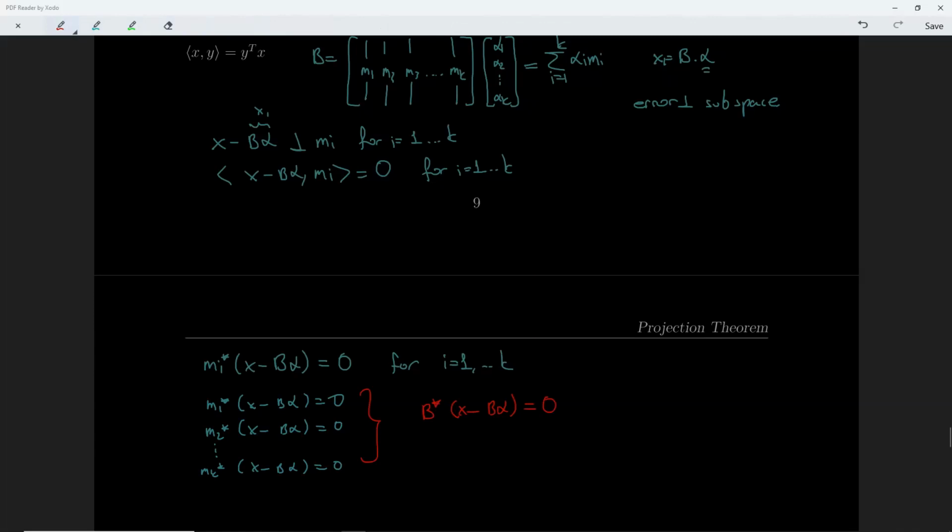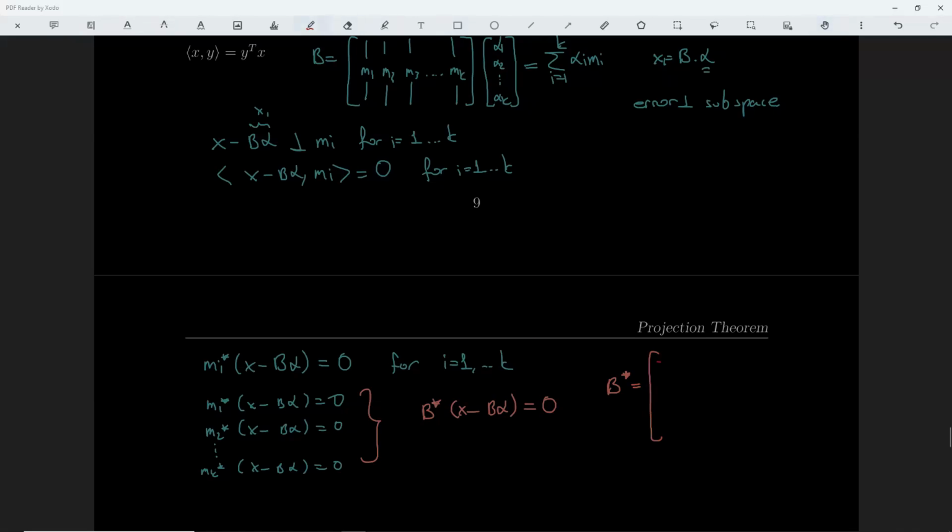Okay. Why? Because if you look at this B conjugate transpose matrix, so we defined the B matrix where the columns are these basis vectors, and B conjugate transpose will be something like this, right? You get all these columns transposed in as the rows over there.